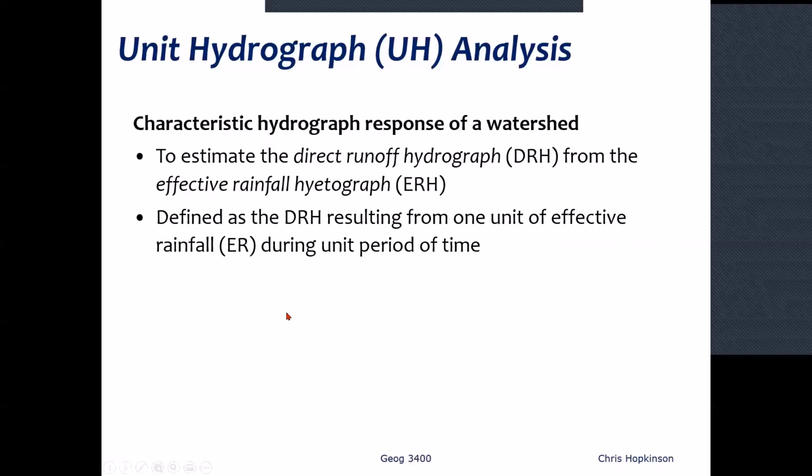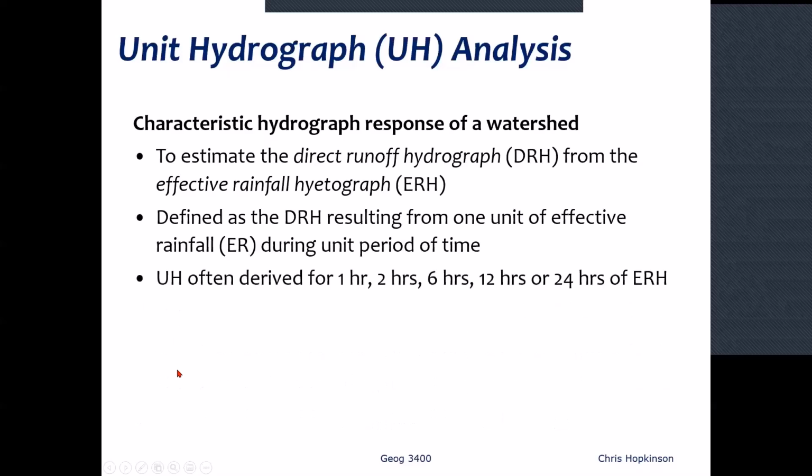And then the unit time could be whatever we want it to be. It could be a minute, could be 15 minutes, half an hour, 1 hour. But very often, a unit hydrograph will be defined for something like 1 inch in 1 hour. That would be quite convenient. But we can use whatever time scale and whatever length unit we want for our particular application. Very often it's derived for 1 hour, 2 hours, 6 hours, 12 hours, or even a whole day.